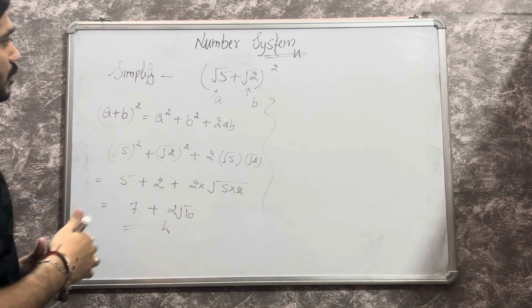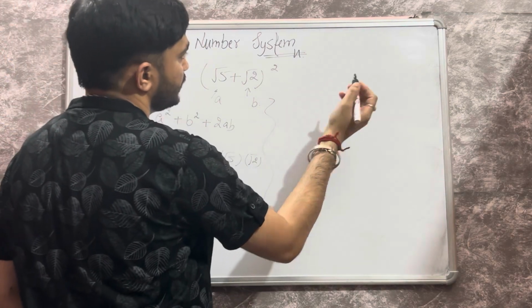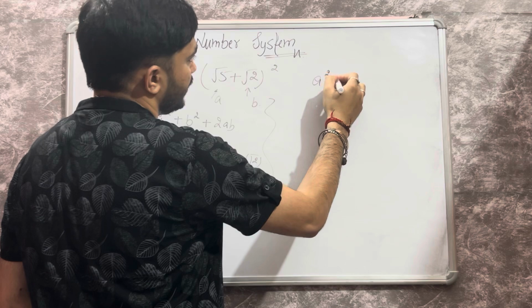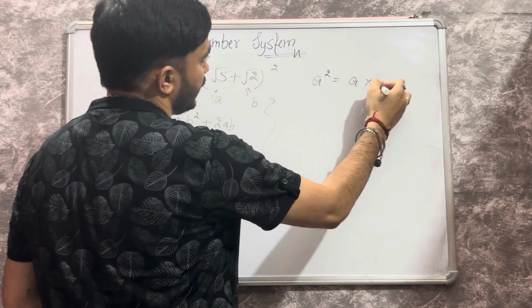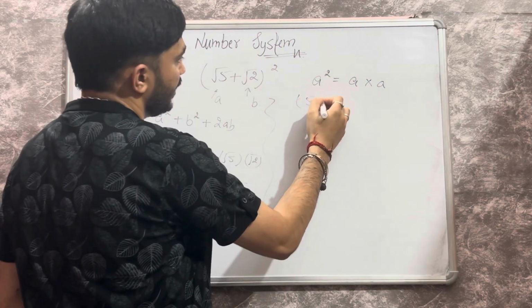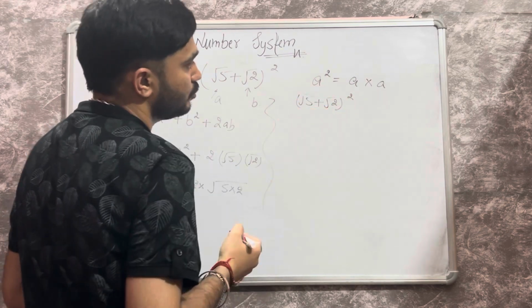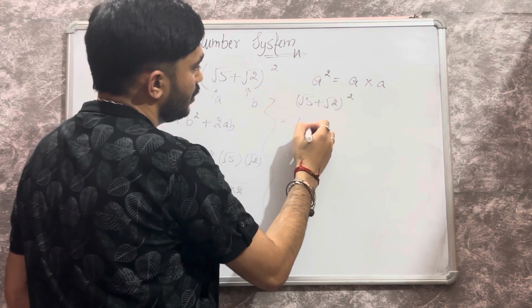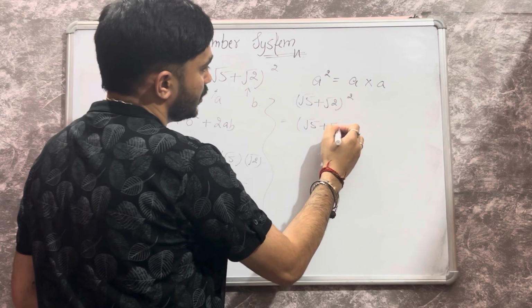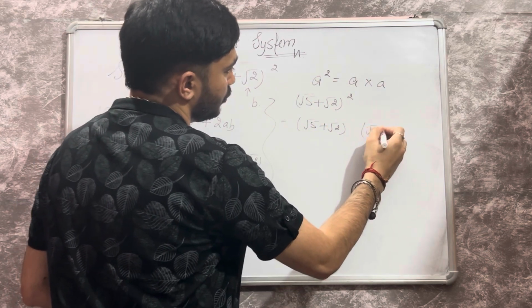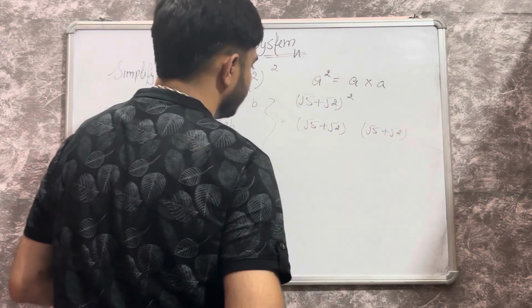Now let us solve this in a simple way. Since we know that A square is equal to A into A, here (√5 + √2) whole square will be equal to (√5 + √2) multiplied by (√5 + √2).